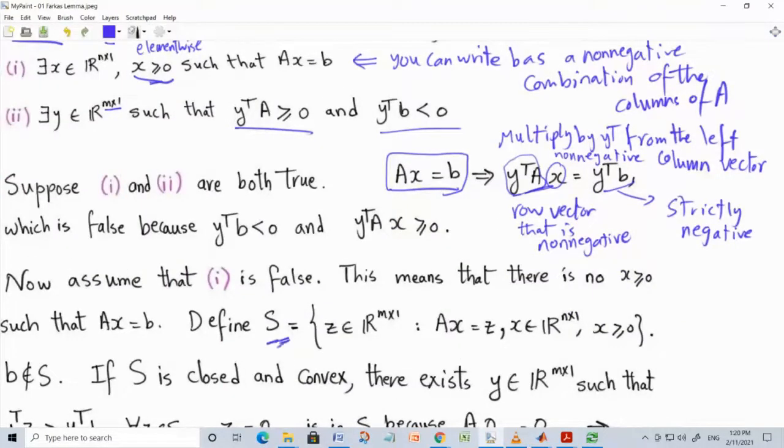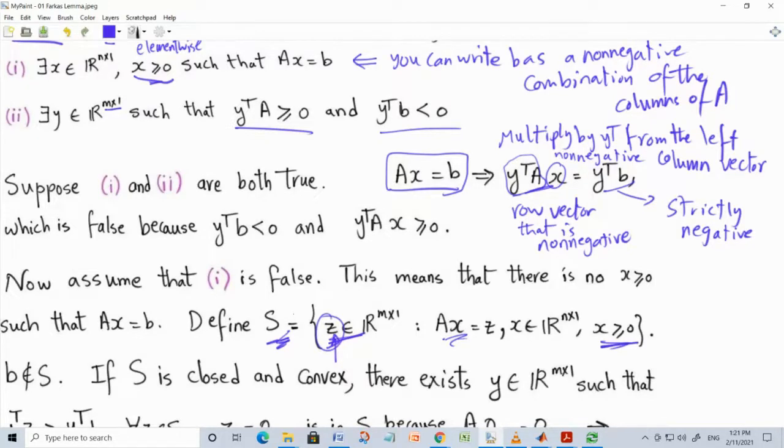Let's define the set big S to be the set of vectors z in the m-dimensional space that can be expressed as non-negative linear combinations of the columns of A. So we collect in this set all vectors z such that you can find an x that is non-negative element-wise and Ax is equal to z.